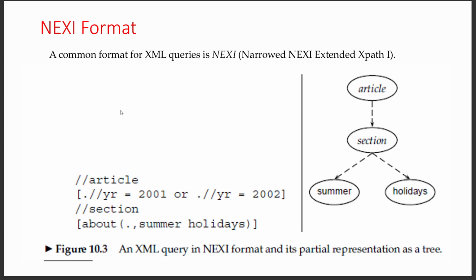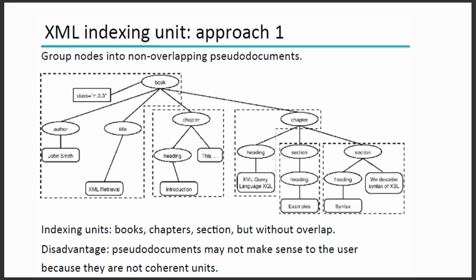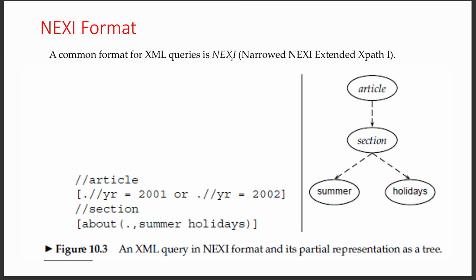Now when we are writing a query for an XML document, the standard format followed is the NEXI format. NEXI stands for Narrowed Extended XPath I. This is how the XML document looks like: article, section. From article we get section.